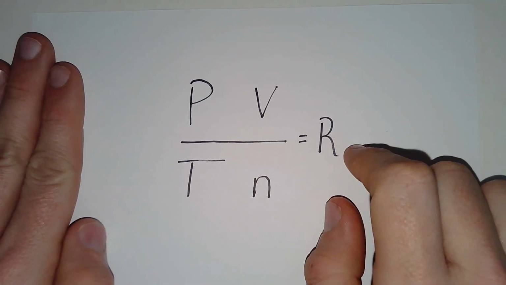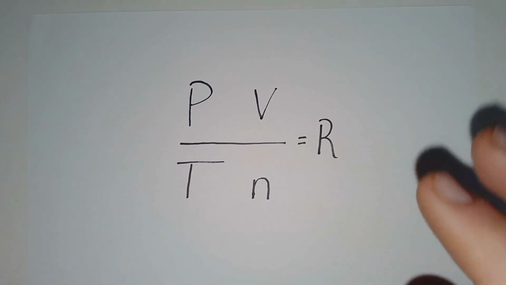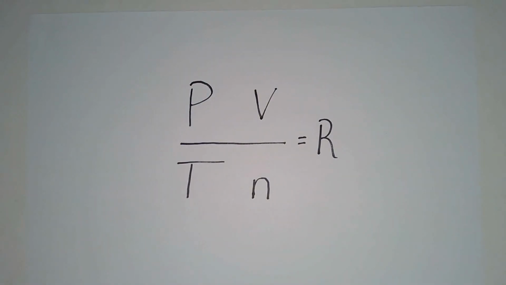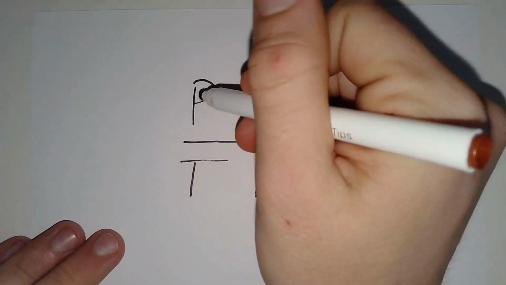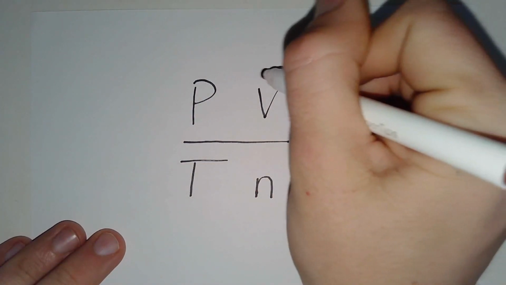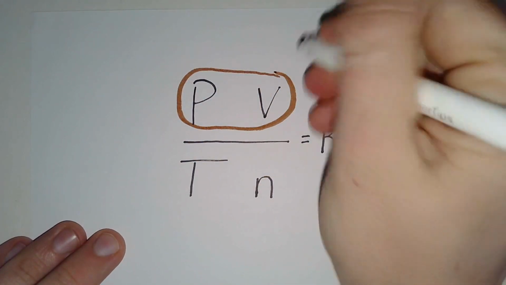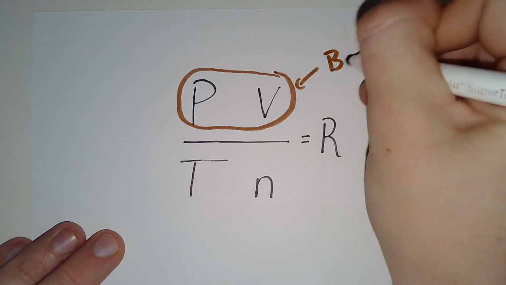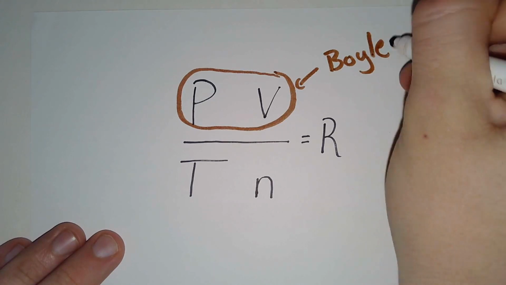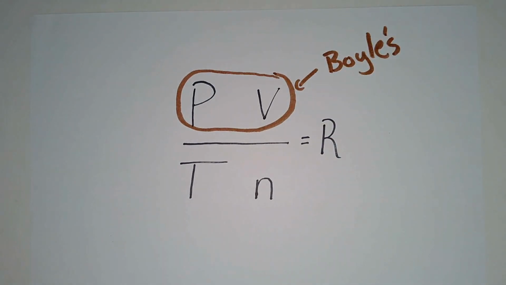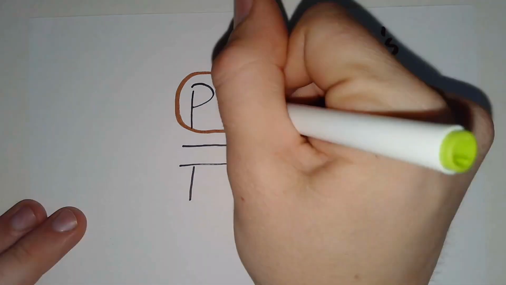But this gives us an idea why the ideal gas law is so incredibly powerful. Because within here are all the relationships we've already learned about. Like pressure and volume, those things are related, right? Because we call that relationship the Boyle's relationship. And if you keep going through, you'll find other relationships.